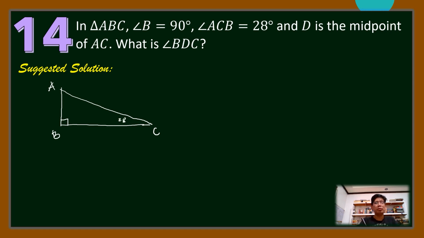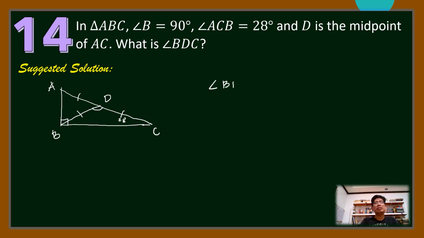Since D is the midpoint of the hypotenuse, then we have AD is congruent to DC, congruent to BD. Then we're looking for angle BDC, that's angle D. Triangle BDC is an isosceles triangle.